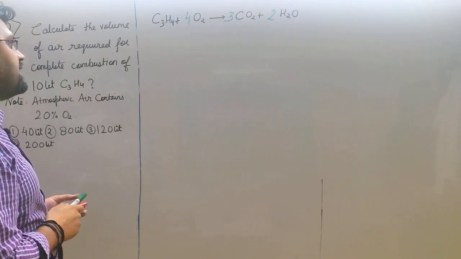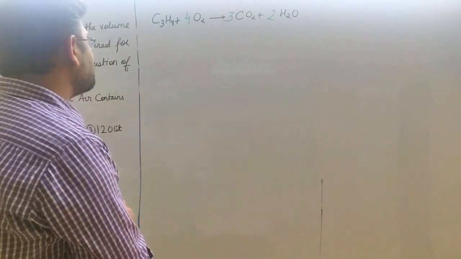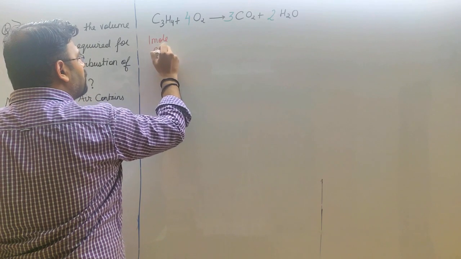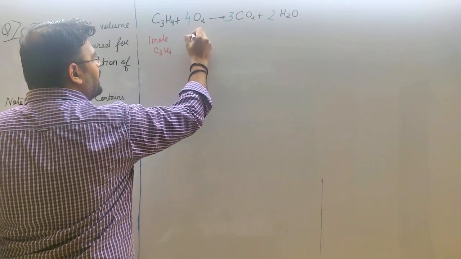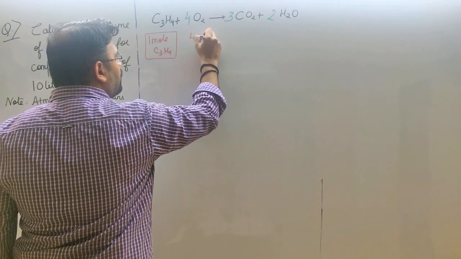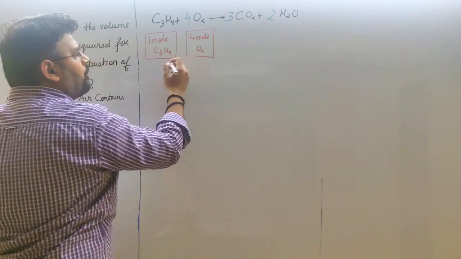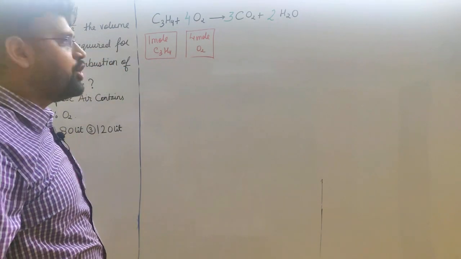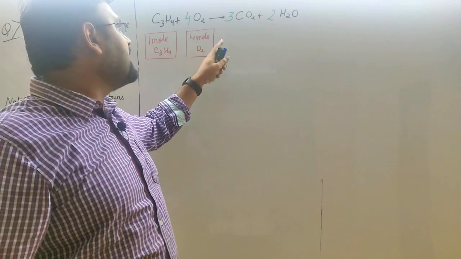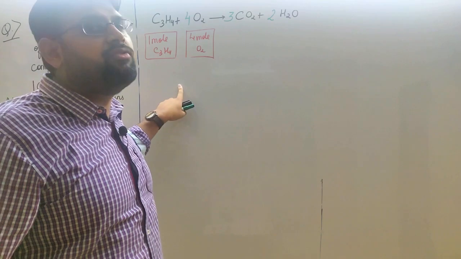Now let's see, according to stoichiometry or law of gaseous volume, we can apply. According to stoichiometry, 1 mole of C3H4 requires 4 mole of oxygen. As these are all gases except water, we can use this same ratio of moles in terms of volume also.